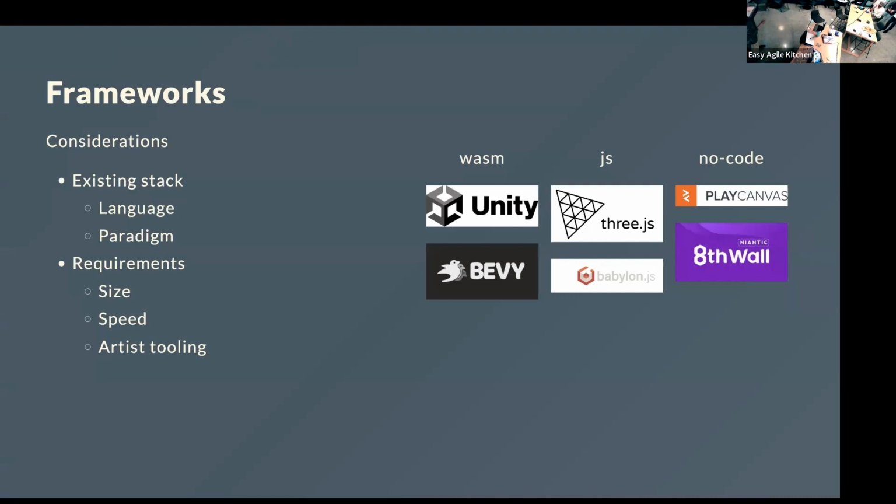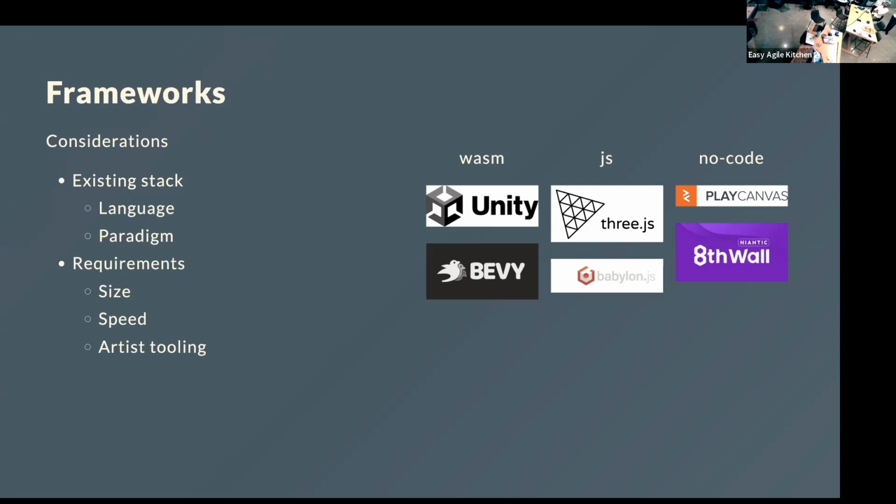Absolutely. One thing that might drive you one way or the other is the language you're using on your team. If your team is using Blazor or C#, then something like Unity would make more sense. We love C#. Or if you're a JavaScript-only house and all you do is React, then adding Rust to your stack could be a big commitment.